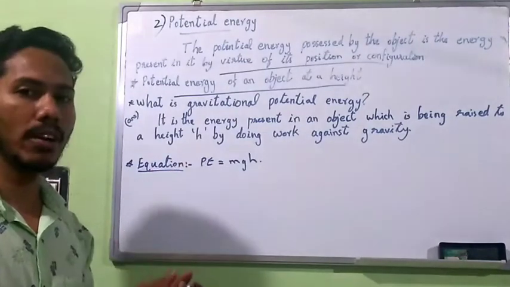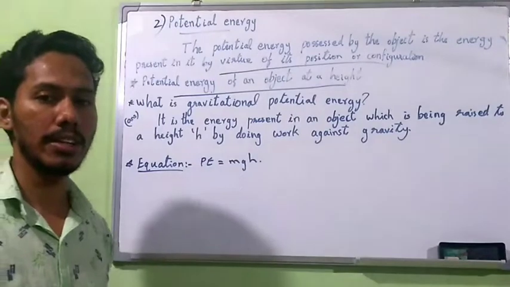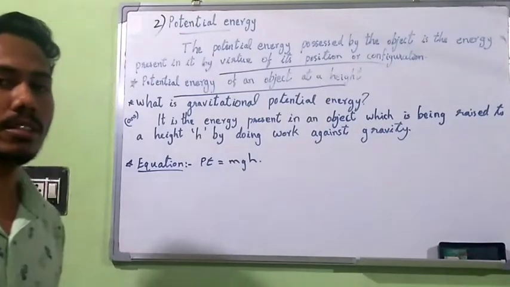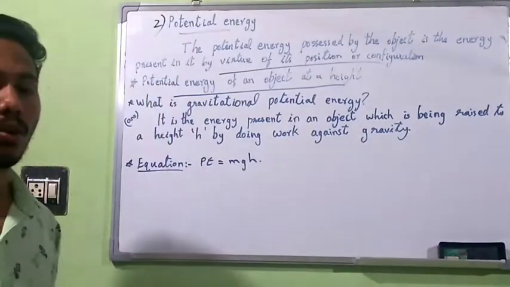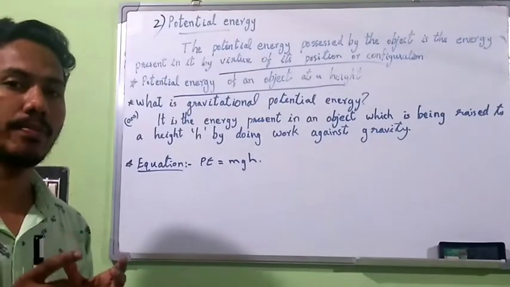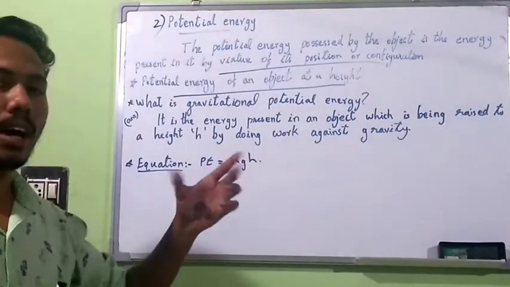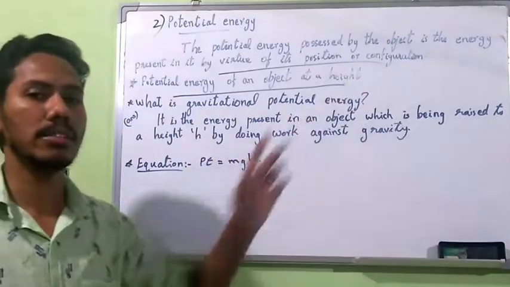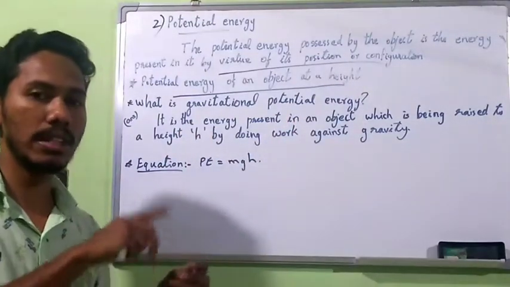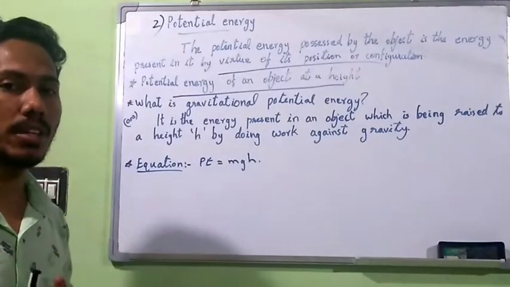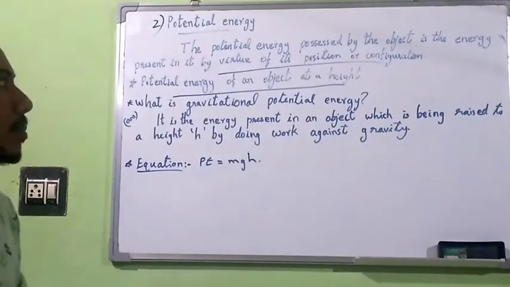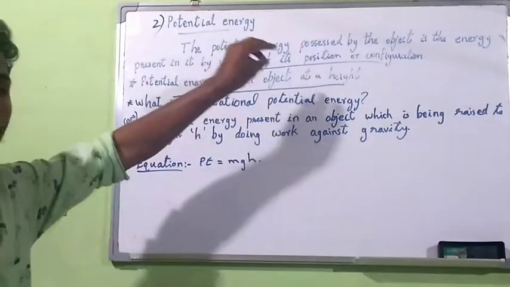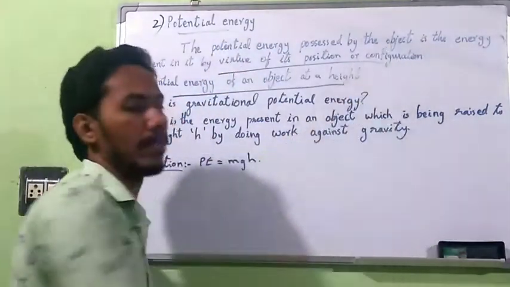If I release it, it falls down because of the potential energy. A spring has potential energy because of its configuration, because of that arrangement. The structure of that object gives potential energy. So potential energy is due to its position or its configuration.